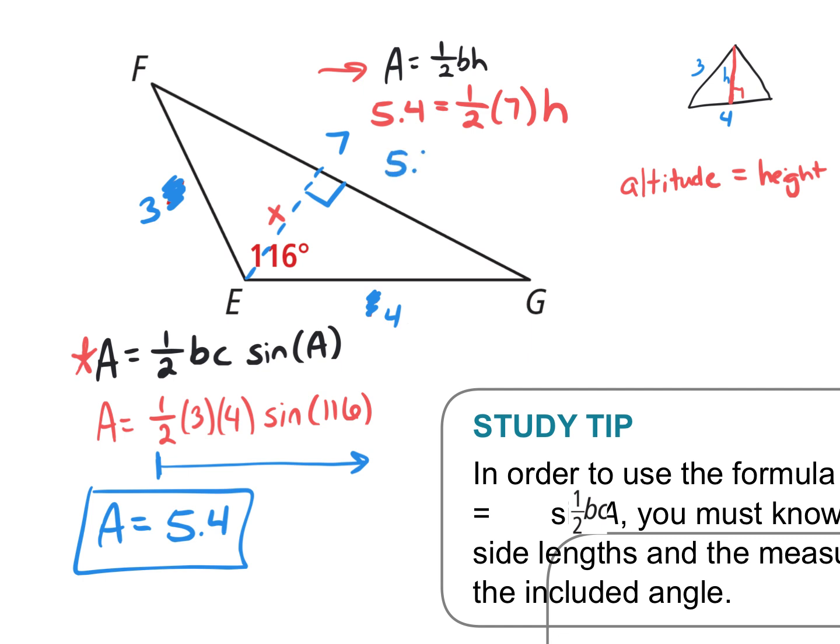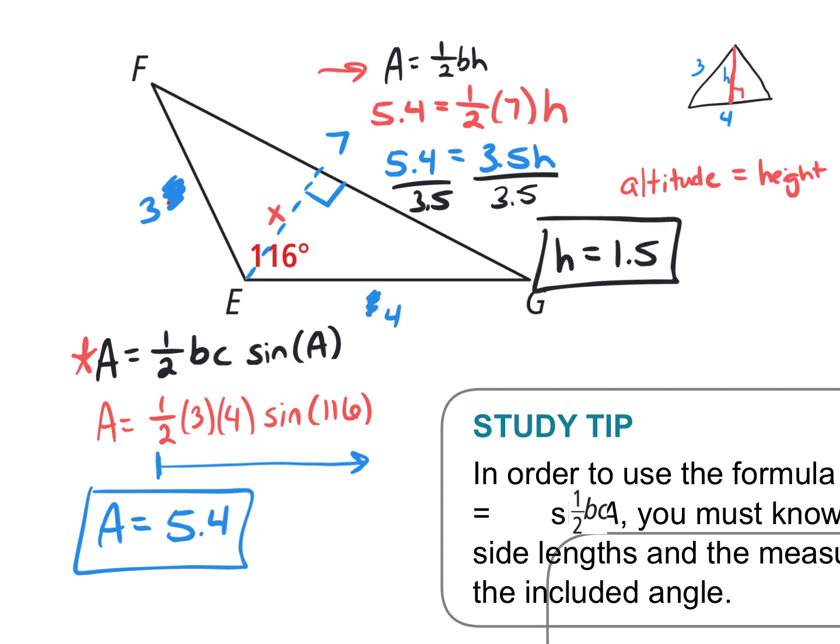Multiply, yep, or you can think 7 divided by 2, that gives us 3.5. What's my last step here? Divide by 3.5. Take 5.4 divided by 3.5, what do you get for the height? 1.5. Height is 1.5.